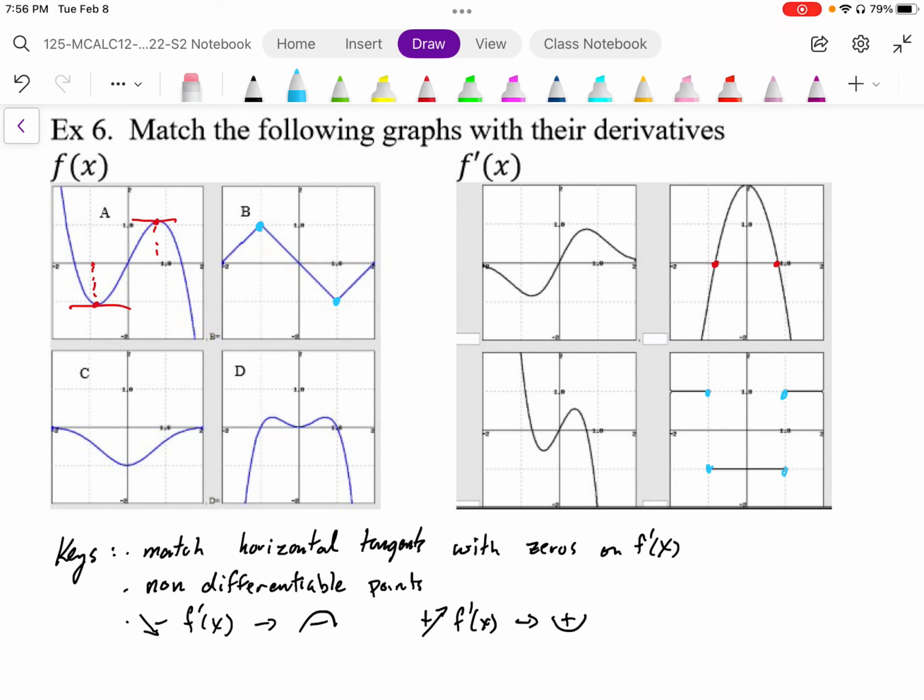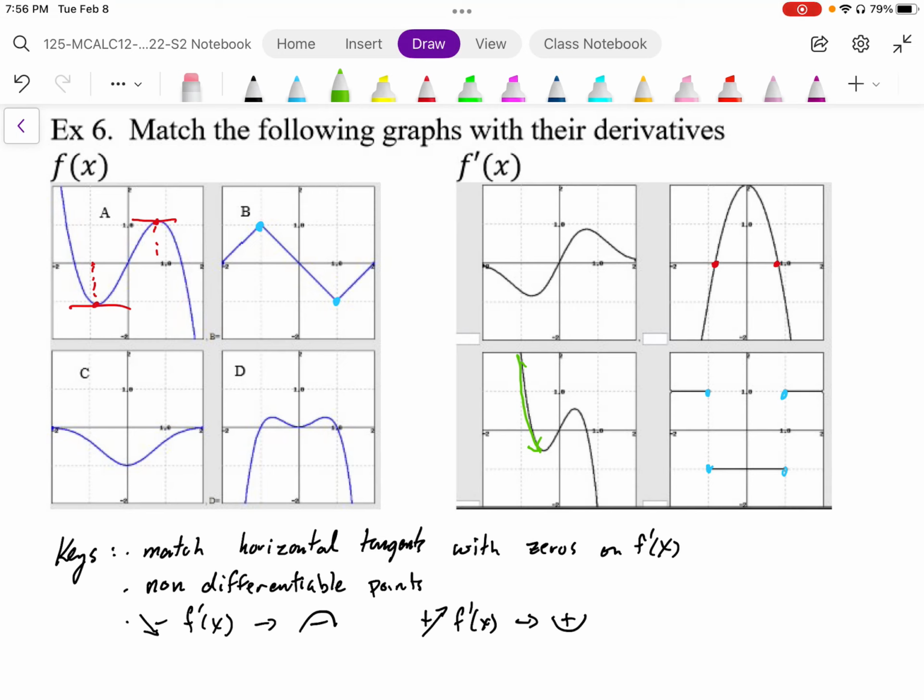Okay, and there's also this issue of whether the derivative has positive slope or negative slope. So an example here: if I have a negative slope on a derivative, that means that the concavity of the original function should be positive.